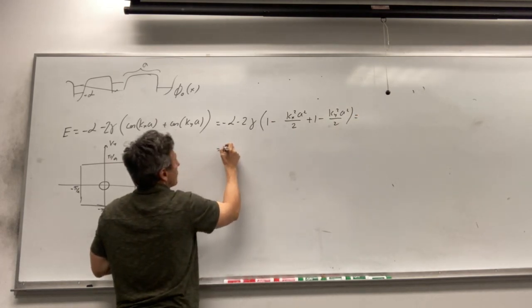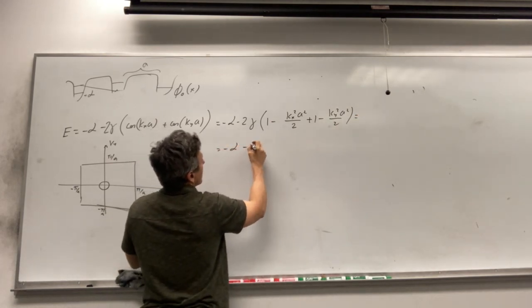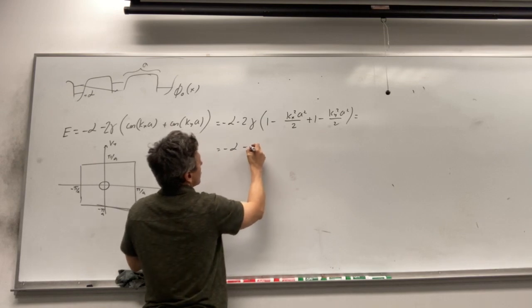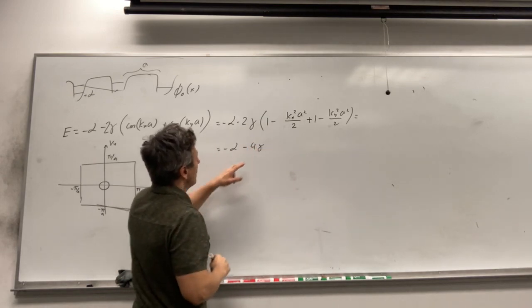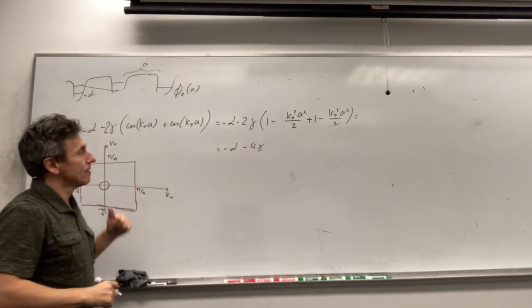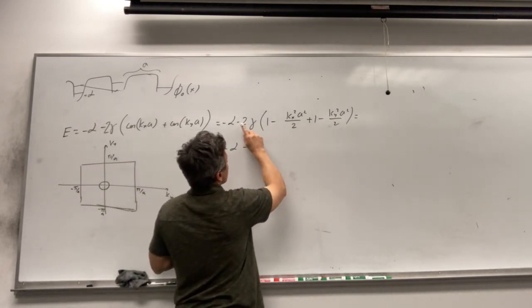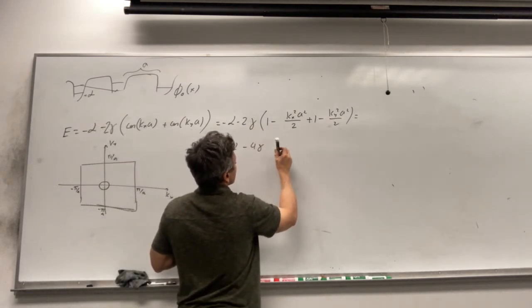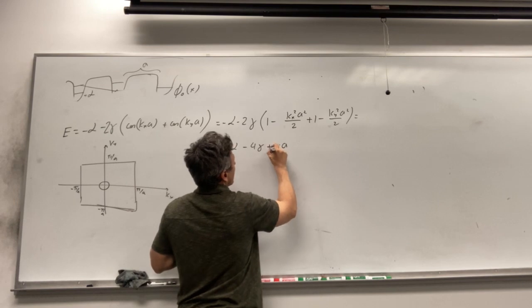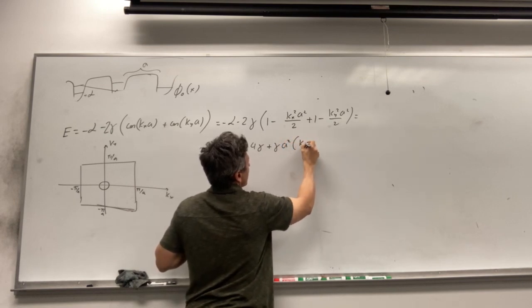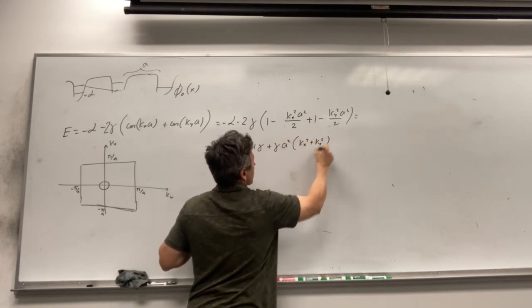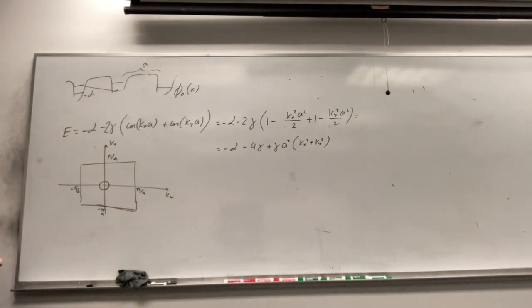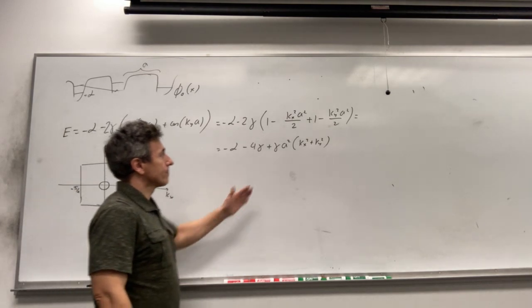Finally we have minus 4 gamma, which doesn't matter, it's just a constant. And this is how it depends on k. Minus minus gives us plus, so the 2 will cancel, and it will be gamma a squared times kx squared plus ky squared. So the equi-energy line will be just a circle and have the parabolic dispersion.